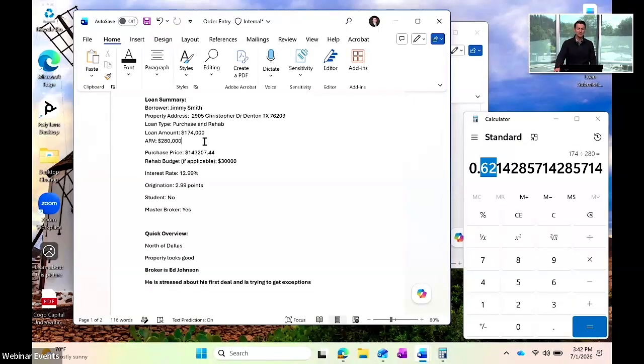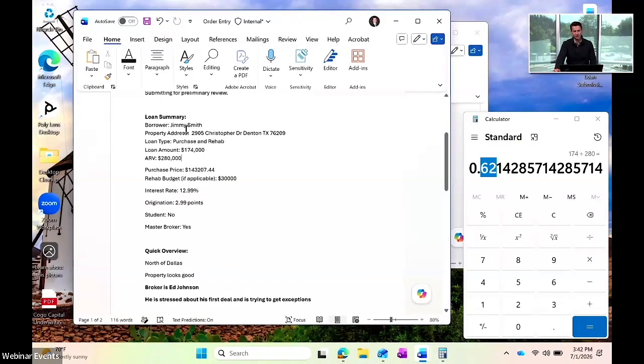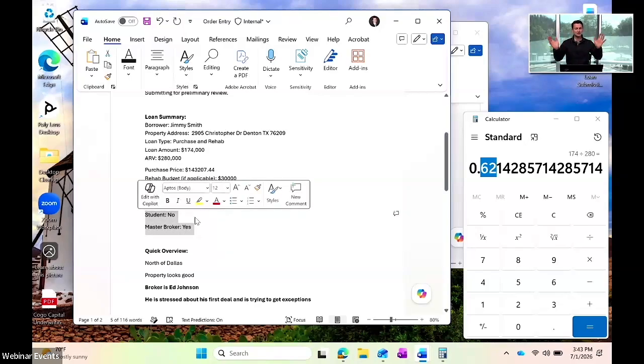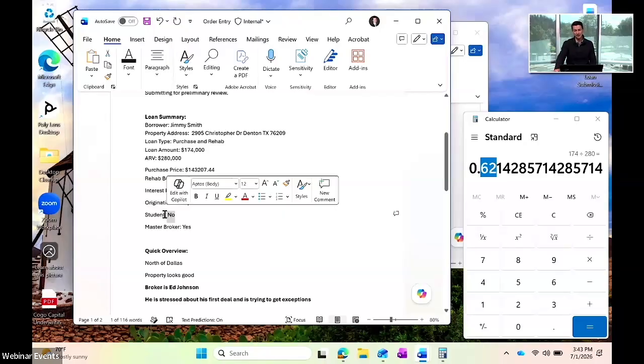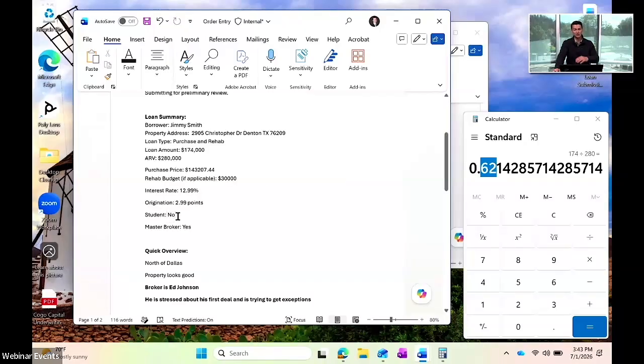I'll just highlight some other information on here so you can see. When I look at our deals, I also know if someone is a student or master broker. This is stuff that doesn't really exist in other lenders' ecosystems. But for us, because we have the Lee Arnold system of real estate, I'm going to see if someone is a student in LAS, if they've gone through our education.